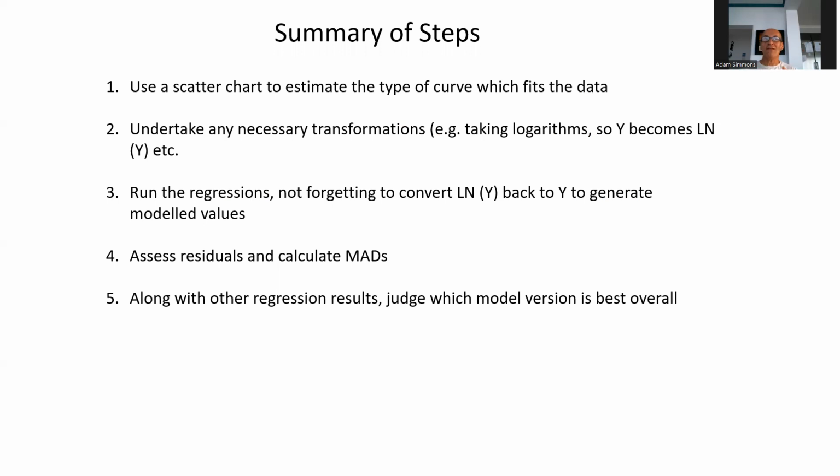So you'll have to take the exponential to revert back to y values. Step 4 is looking at the residuals and calculating the MADs. And then the 5th step is judging. There is a judgment call because there's rarely a clear winner, which is the best model overall for your data.